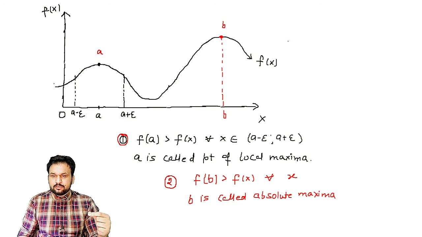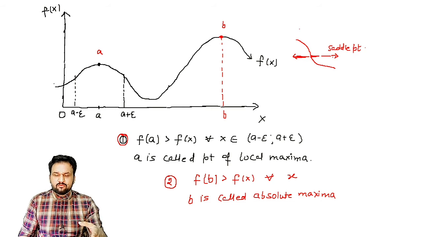Like your function is moving like that, and this point is known as a point of inflection, or saddle point. In the complete methodology, we will also find these kinds of points.